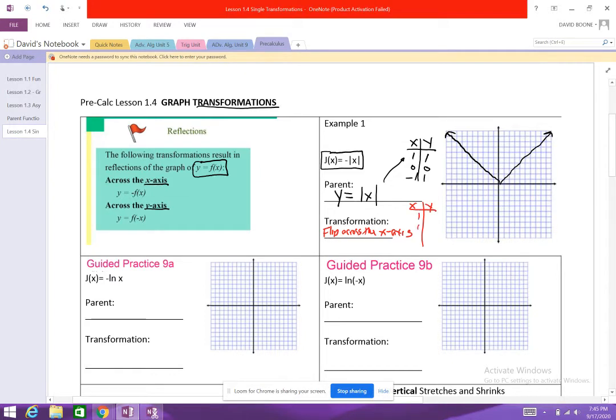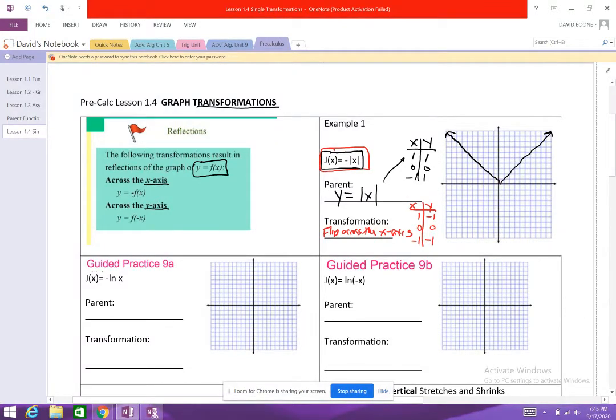And usually the same starting values here. I'm going to put in 1, put in 0, put in negative 1. But now I'm putting it into this function. Okay, so I put 1 in there. Absolute value is 1, make it negative is negative 1. And put 0 in there, well, it's going to still say 0. Put negative 1 in there, it's going to make it positive, so it's going to make it 1, and then make the negative out front, this would be negative 1.